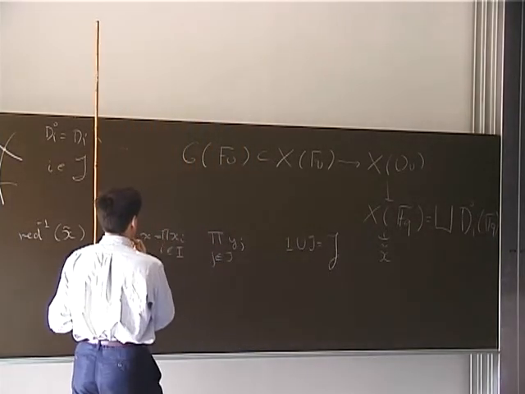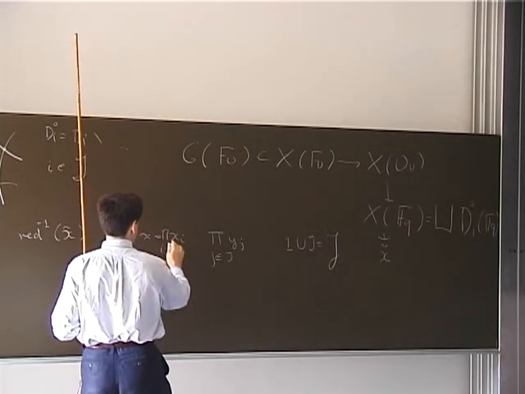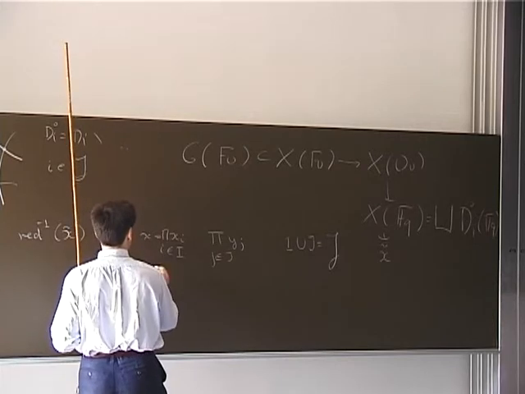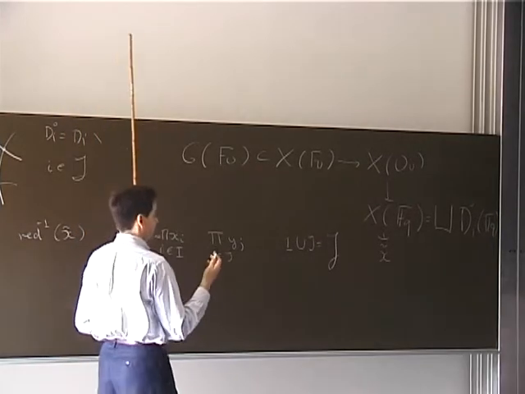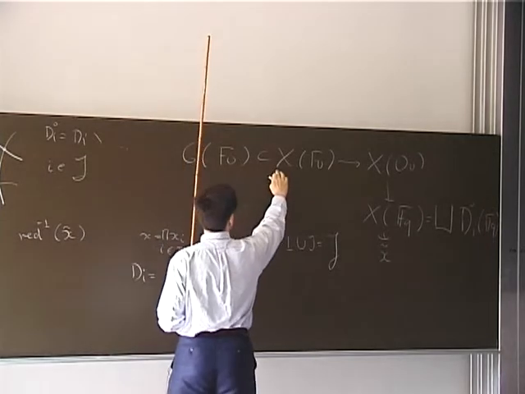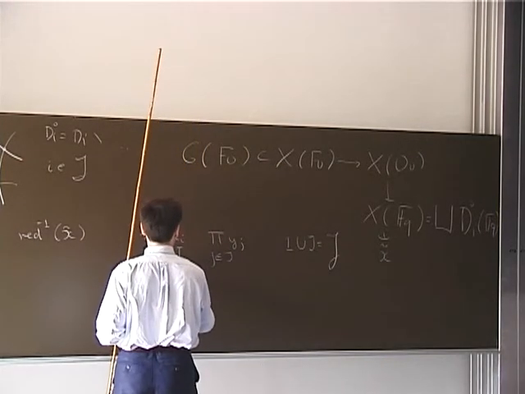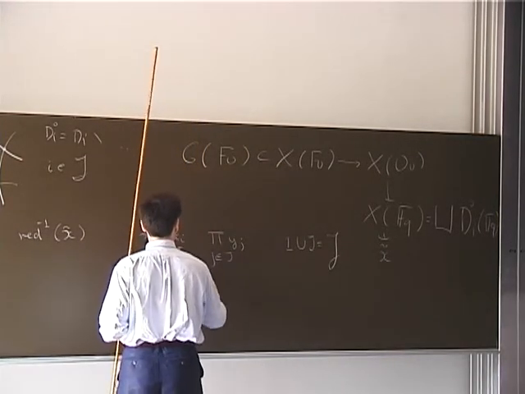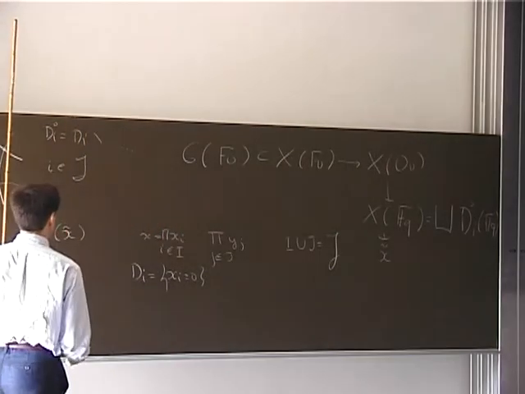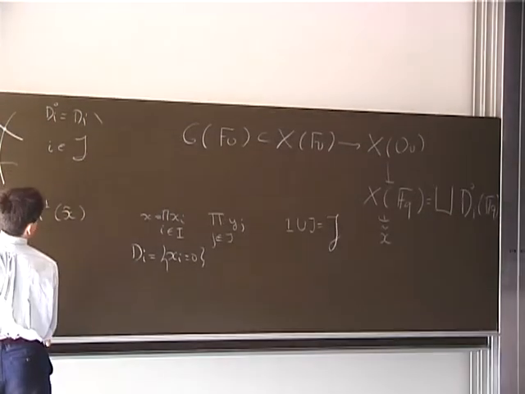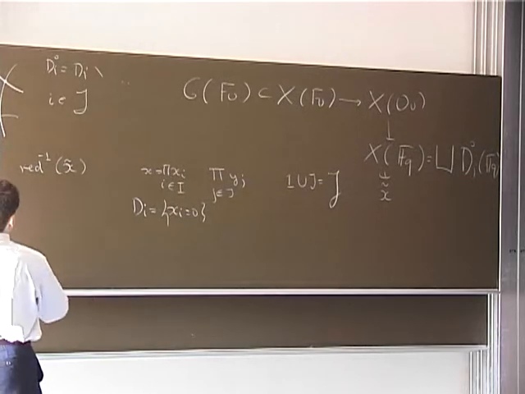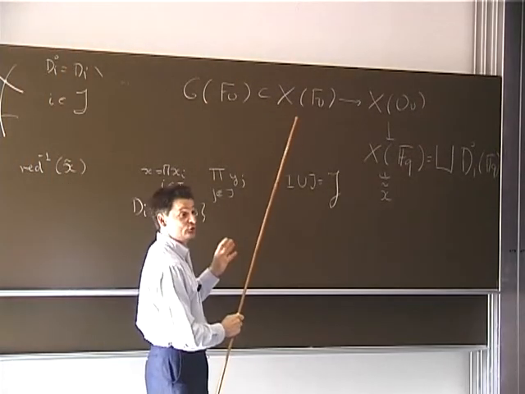All right. So now, what are the properties? The properties are that the divisor D_i is locally defined by the vanishing of this coordinate x_i. And then, well, we do a change of variables.